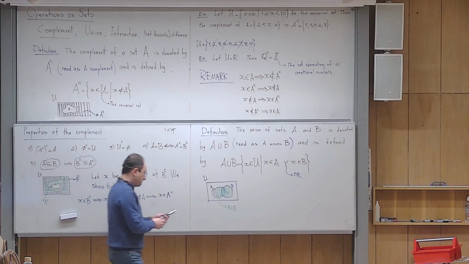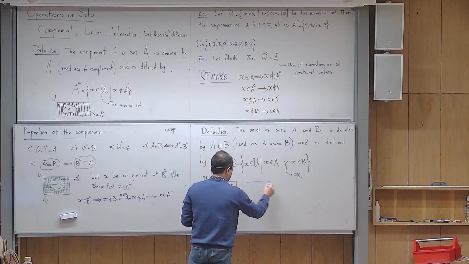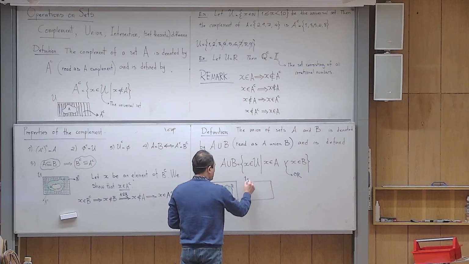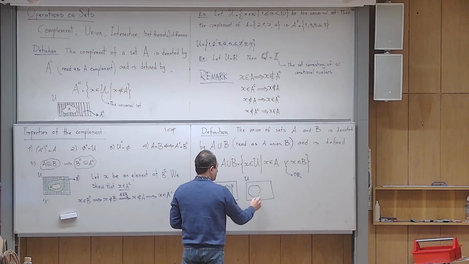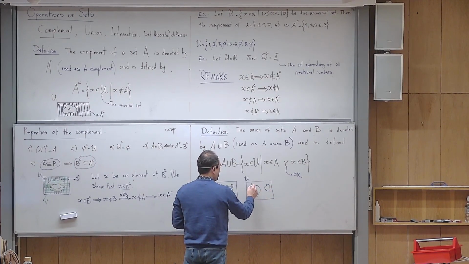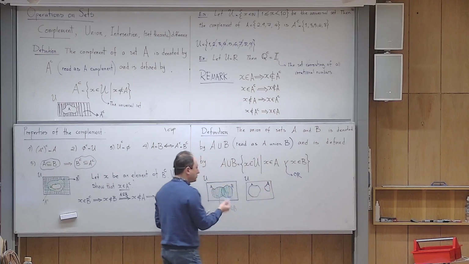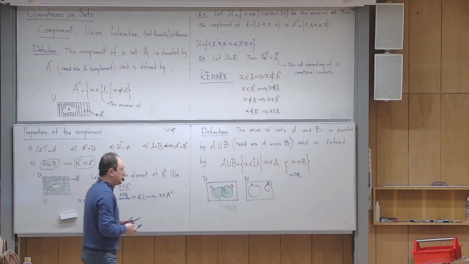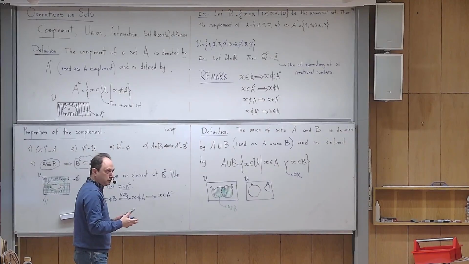For example, if I have this scenario where I have two sets, this is A, this is B, where is the union? If I ask you to color the region or regions that represent in total the union, where do you color?